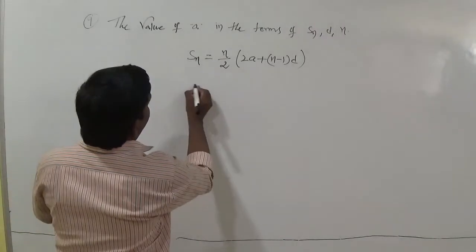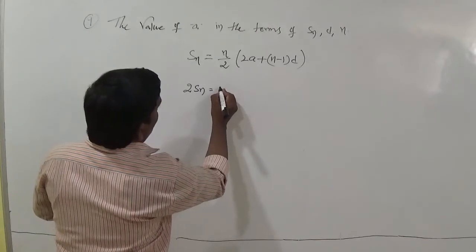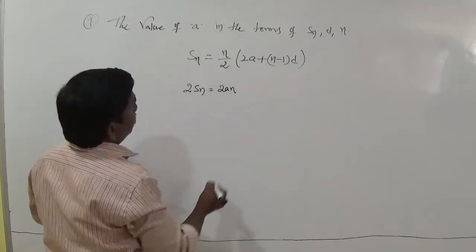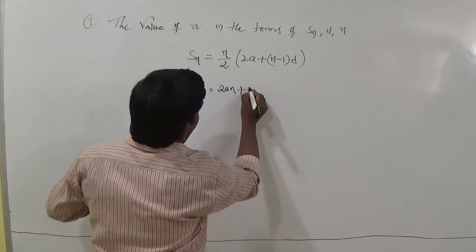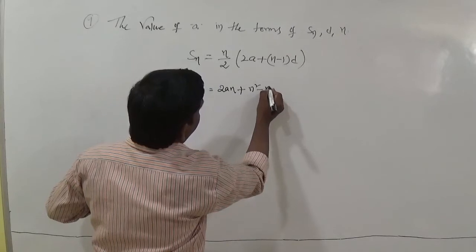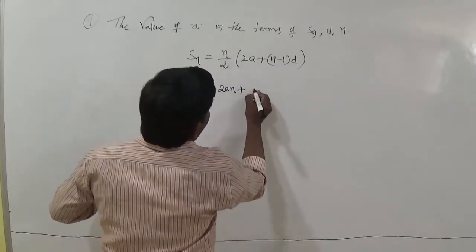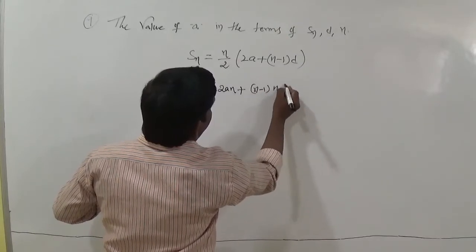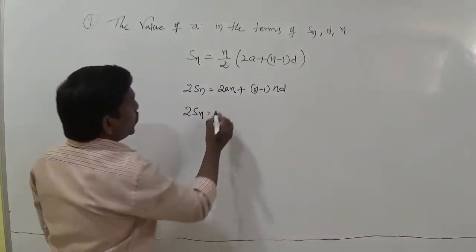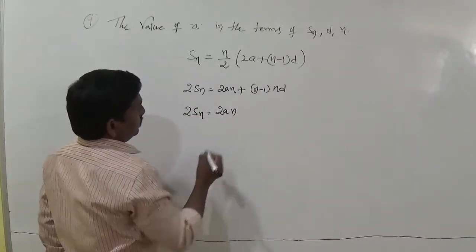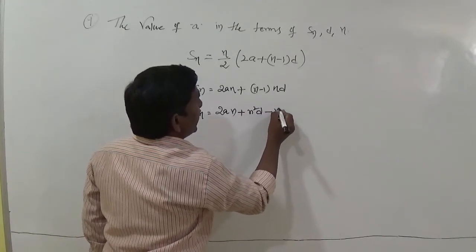Now simplify. 2Sn by the transposition, 2an plus n square minus n, 2an plus n minus 1 into nd. Again 2Sn equal to 2an plus n square d minus nd.